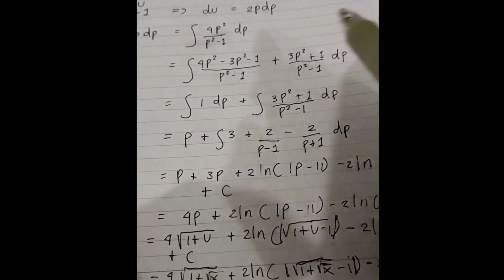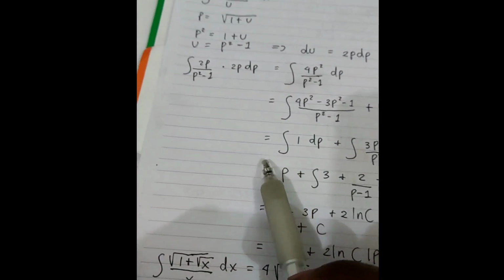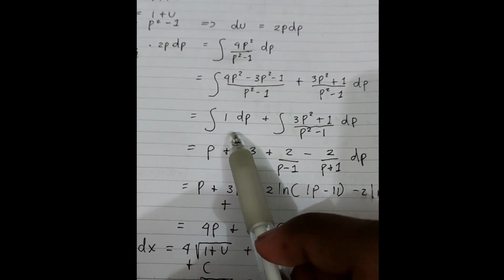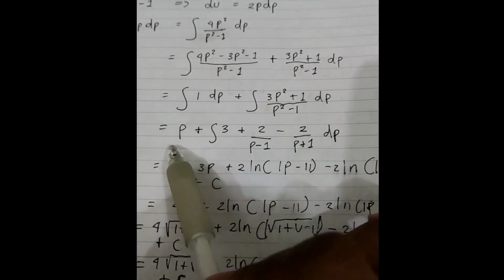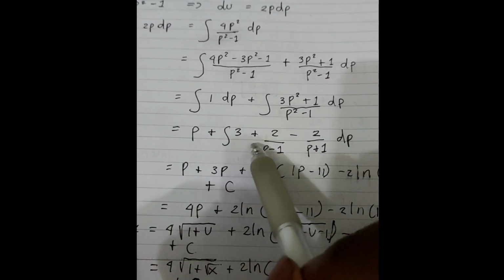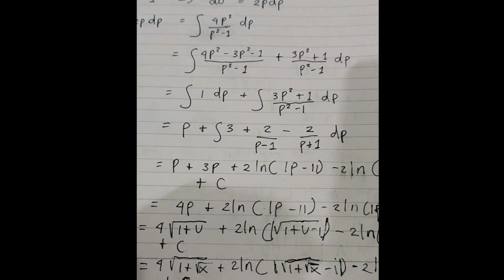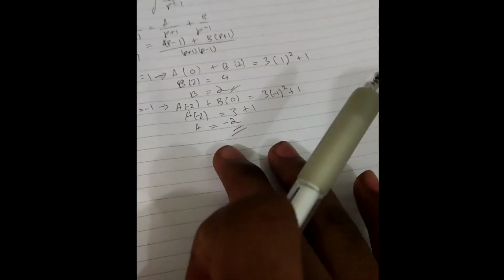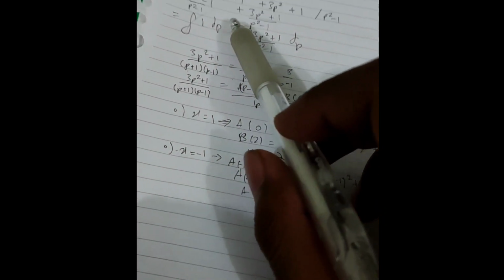So again, we come back to this stage. So here, this is where this comes from. It comes from the method of partial fractions decomposition, which is we try to find this.